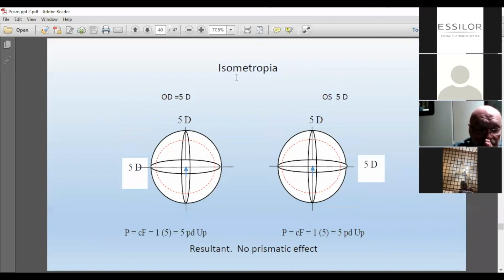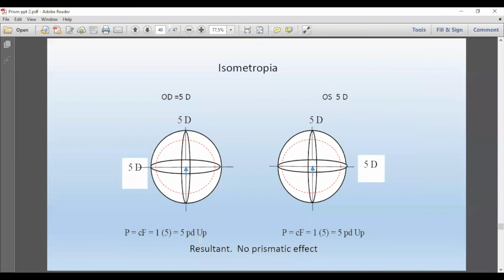So in a case like this with isometropia, right lens and left lens are +5. Your field of view is going to be probably the whole lens. You won't suffer any prismatic effect. In fact, you'll suffer displacement, but there won't be prismatic effect. Now, the same thing, if I now use Prentice's equation at a point 1 centimeter below, I'm going to land up with 5 prism up.